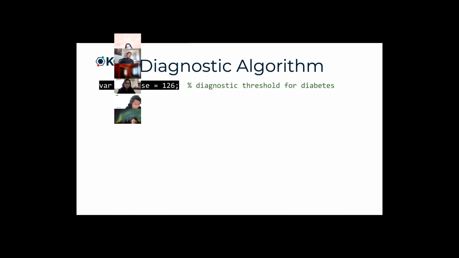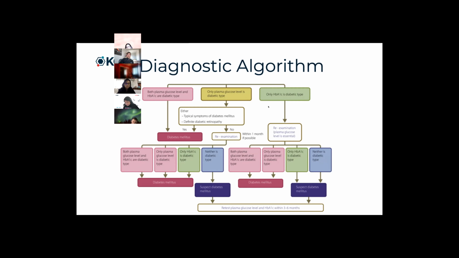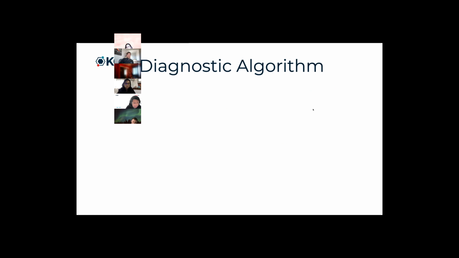Now, I want to walk through a little bit of how we might turn this thought process algorithm into an actual coding algorithm. So in this case, we create a var. Anyone want to chip in what a var is in JavaScript? Is it a variable?